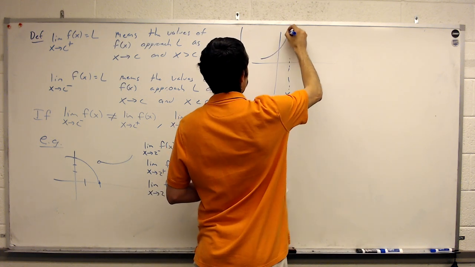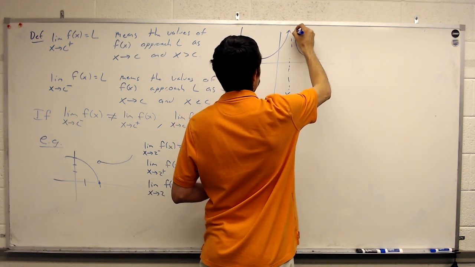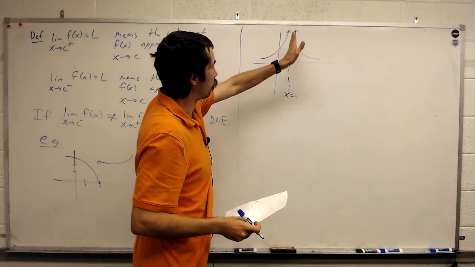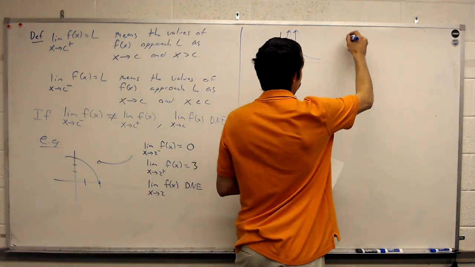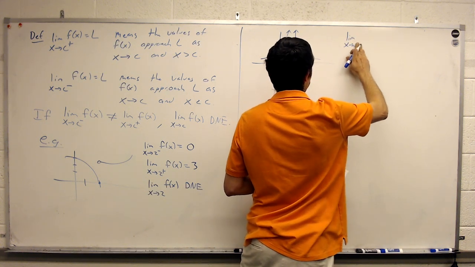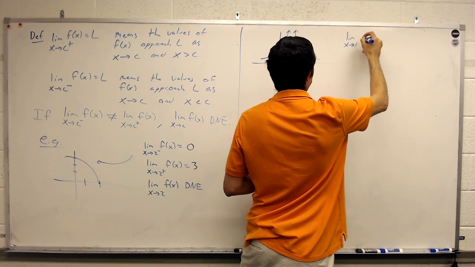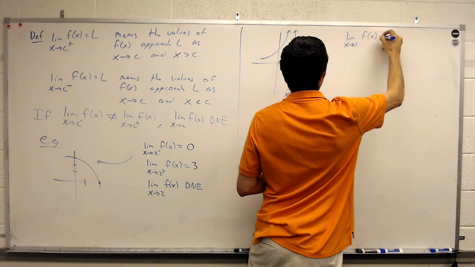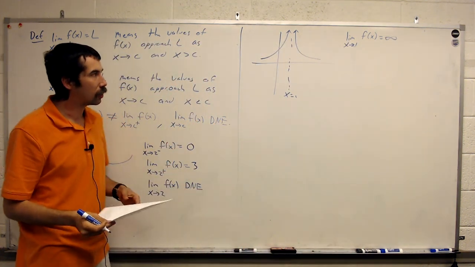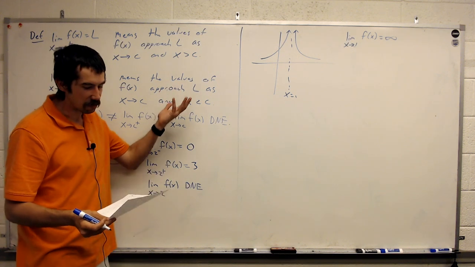And maybe our function does something like this. Right, our function blows up to infinity at x equals 1. We would say the limit as x goes to 1 of f of x equals infinity. Okay, so it is possible that our limiting value is infinity.